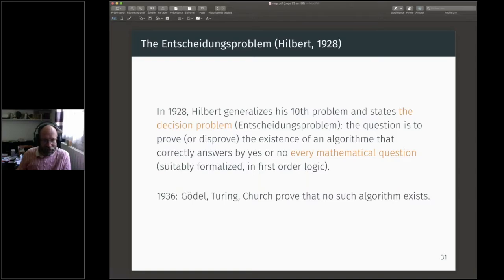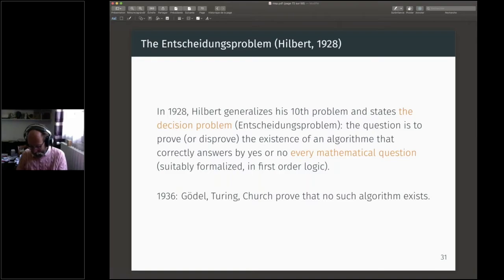Gödel was doing first-order logic. Turing invented Turing machines, an abstract model of a computer, and he asked whether, if you give a program to a computer, it will halt at some point or not.